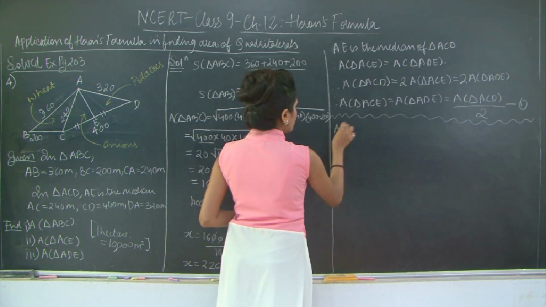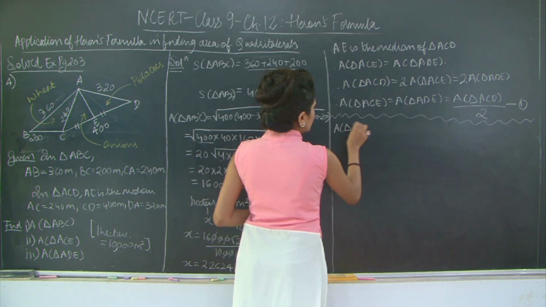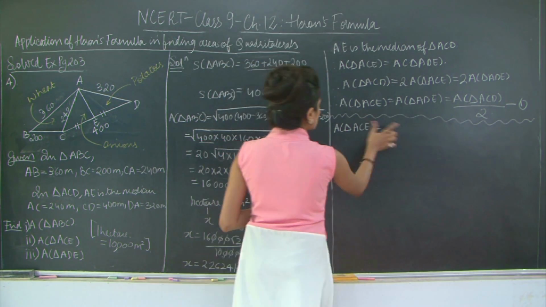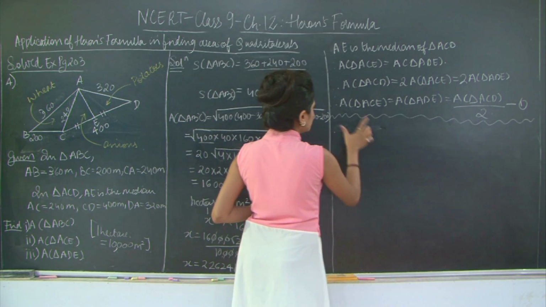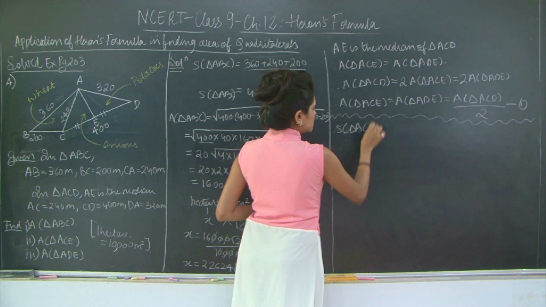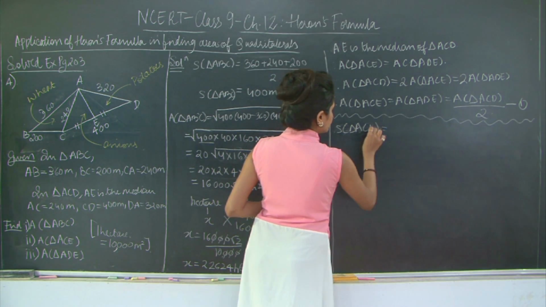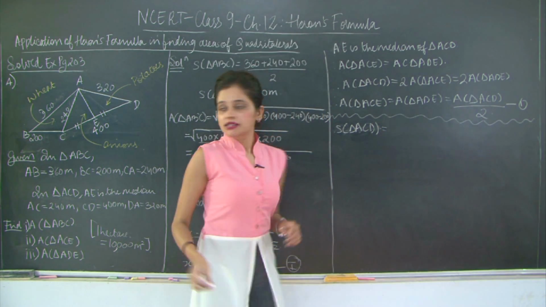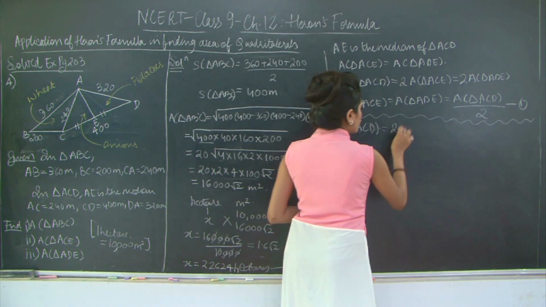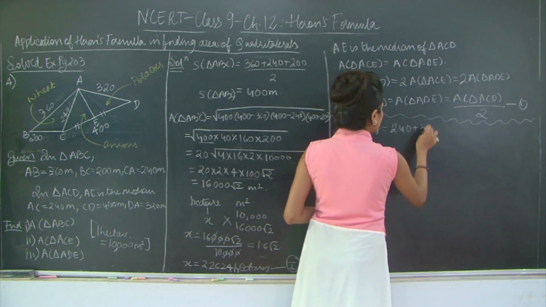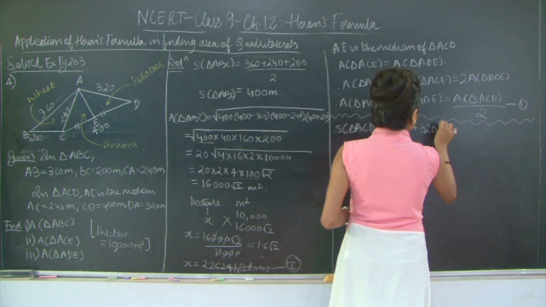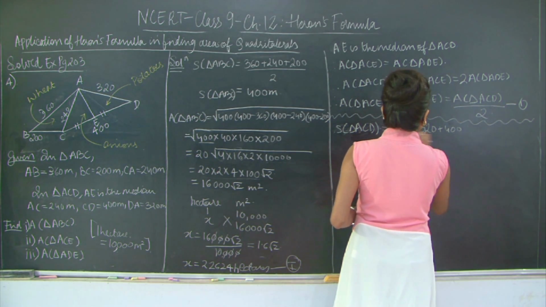Now for the area of triangle ACD, we need the semi-perimeter, so let's first find the semi-perimeter of the triangle ACD. So what are the measurements? We have 240, 400 and 320. So 240 plus 320 plus 400 divided by 2.